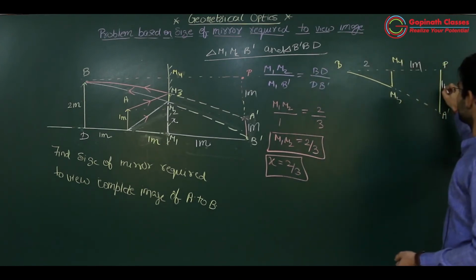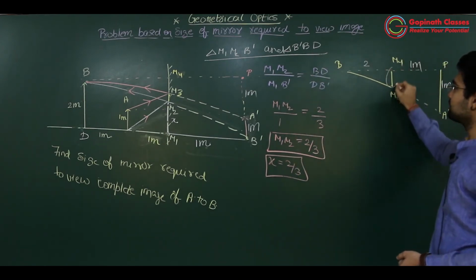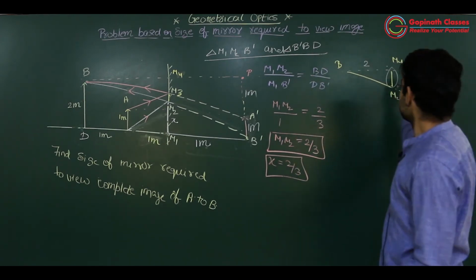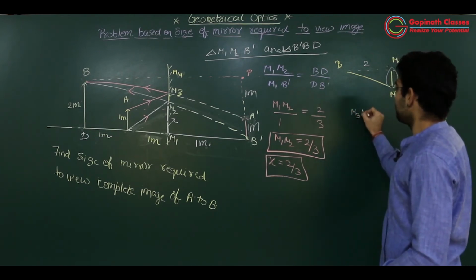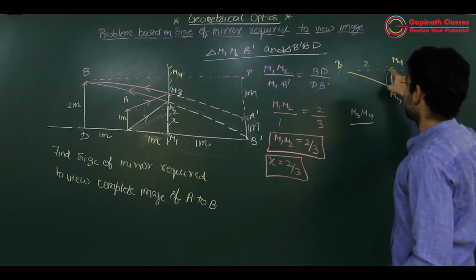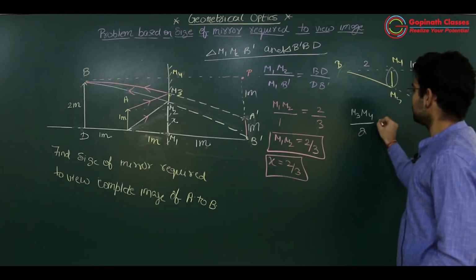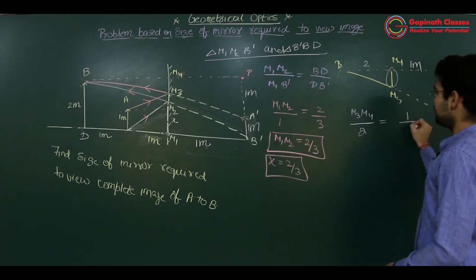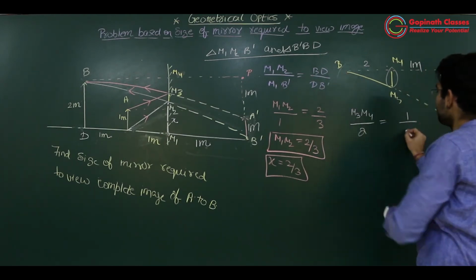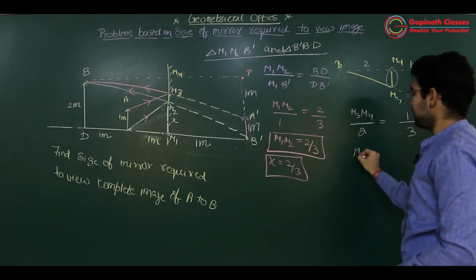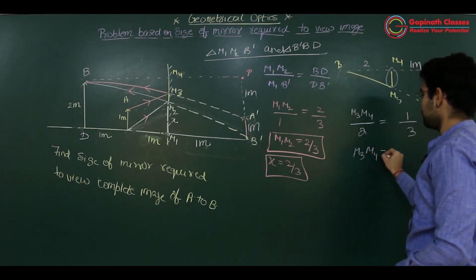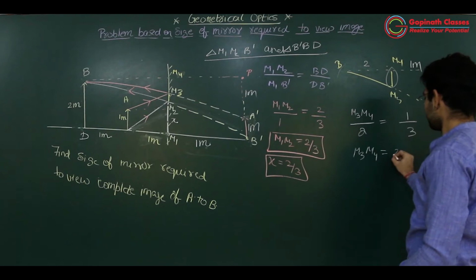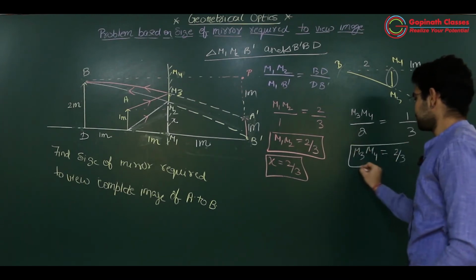So this stays 1 meter. We have to find this one. So M3, M4 divided by 2 is equal to 1 divided by the total 3. So M3, M4 is equal to 2 by 3.